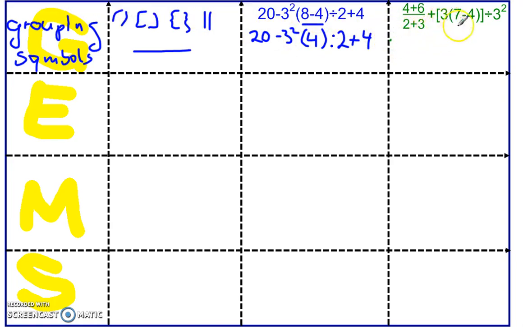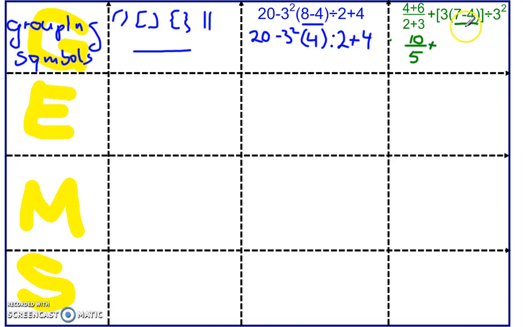Over here in the green example, we have grouping symbols inside the parentheses. Then we have brackets, and don't forget we have a fraction bar. That fraction bar means do what's on either side first before you do the division. So we have to do 4 plus 6 first. 4 plus 6 gives us 10. 2 plus 3 gives us 5.